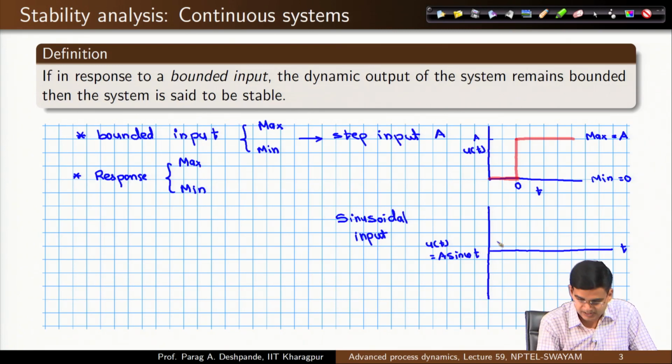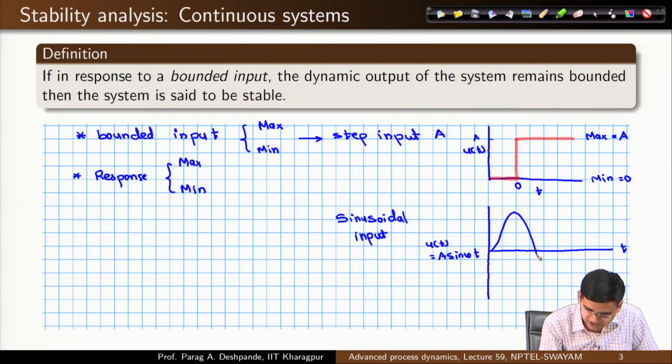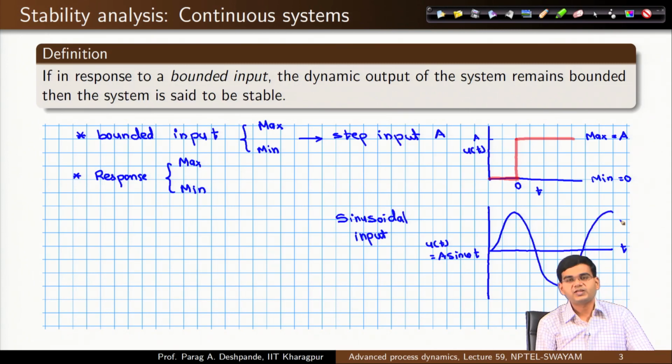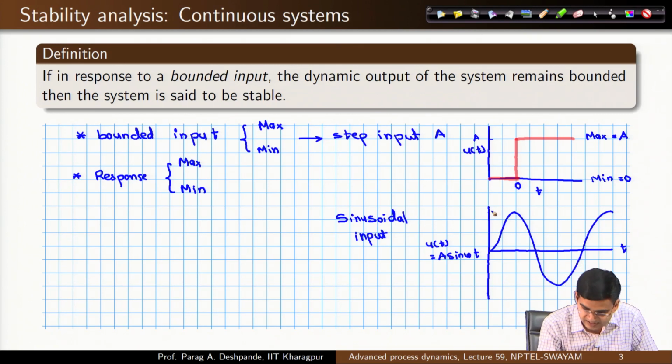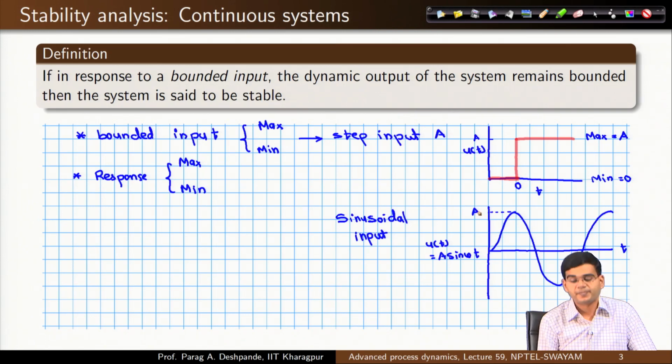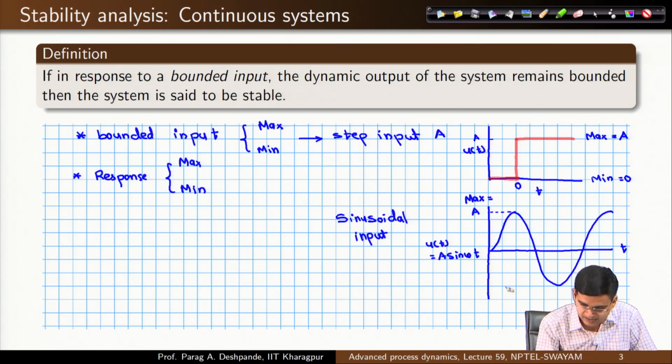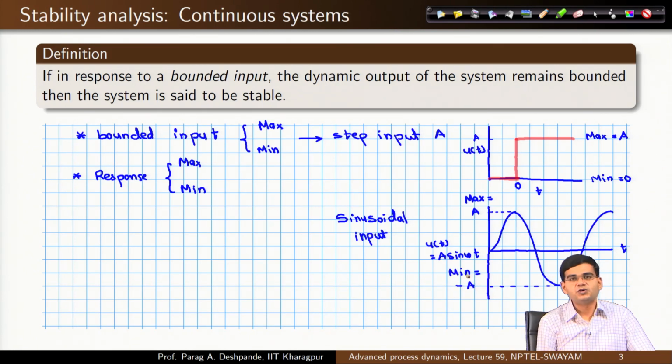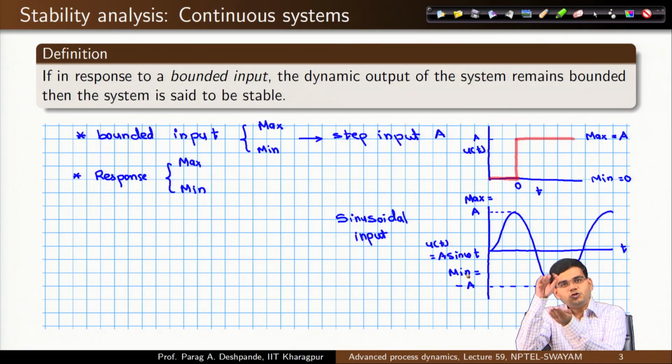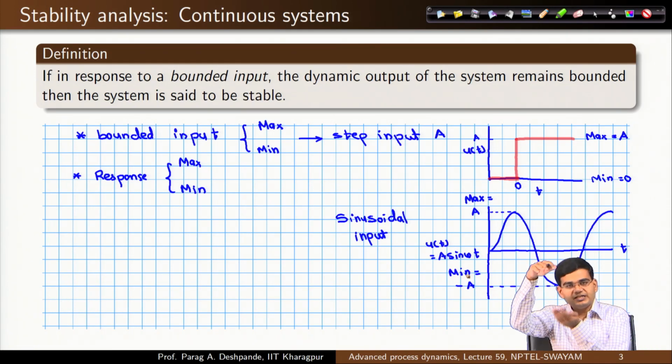What is going to happen in this case? Your function is going to look like this, right. So, what is the maximum that you have? It is a, and the minimum that you can have is minus a. So, again your input is bound between two limits, the upper one being plus a, the lower one being minus a. Therefore, sinusoidal input also is an example of a bounded input.